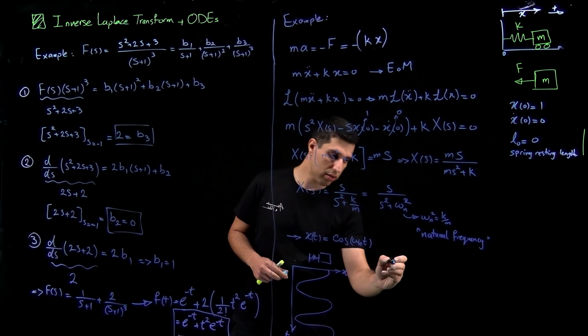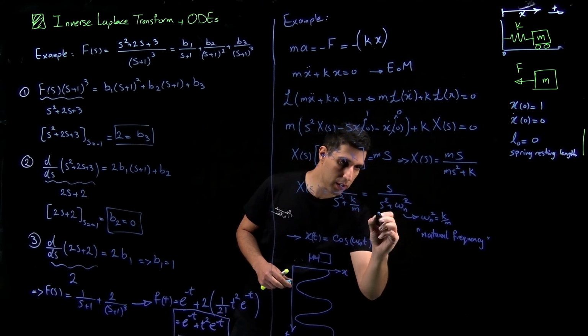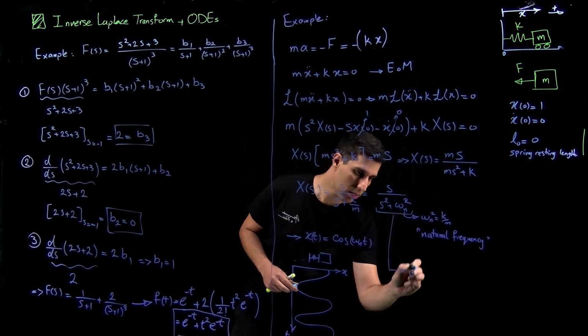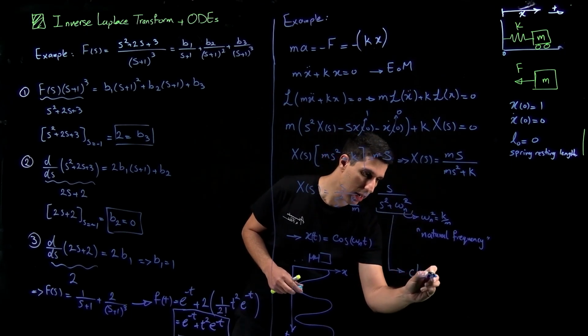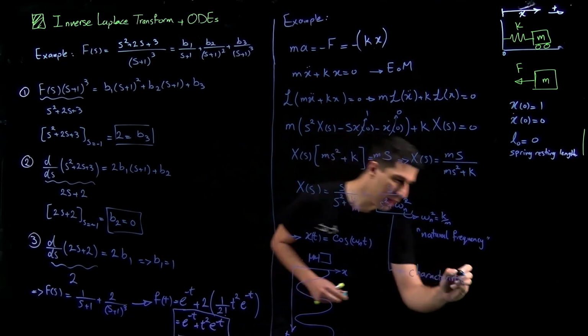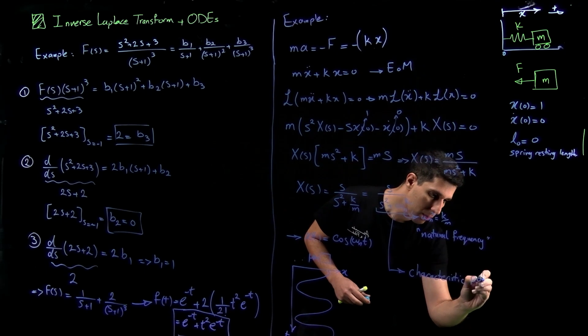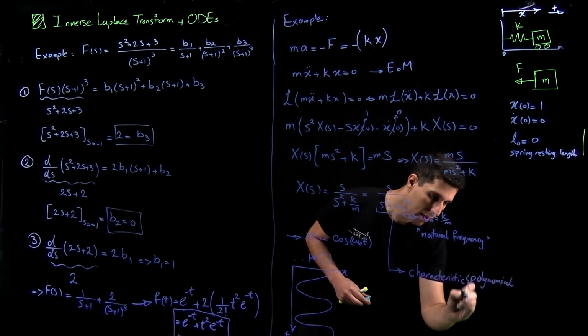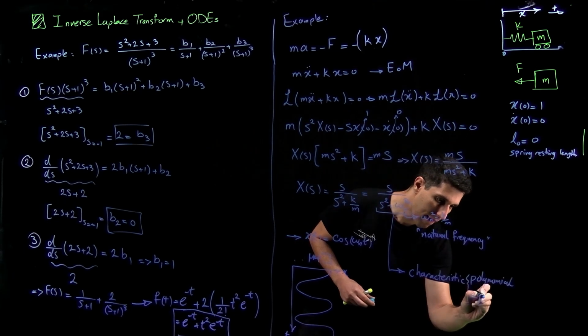The denominator is called the characteristic polynomial. So this polynomial is called the characteristic polynomial or characteristic equation.